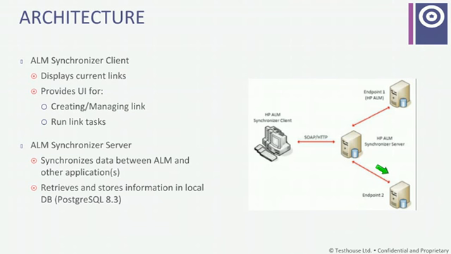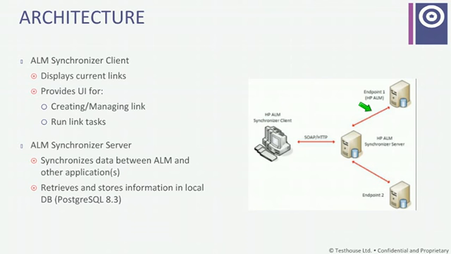What we want is to exchange data between this endpoint 1 and this endpoint 2. So what we have in the middle is the HP ALM Synchronizer, and using a client interface, we configure this server to be able to extract data from one and send data to the other and do the same thing the other way around.